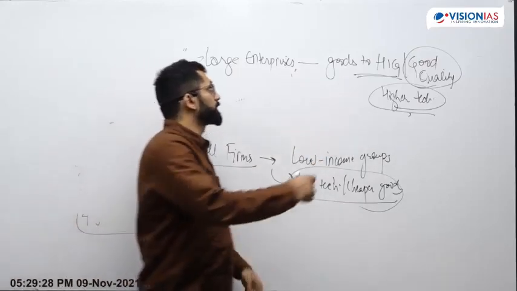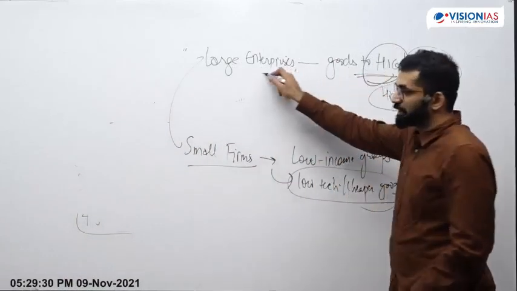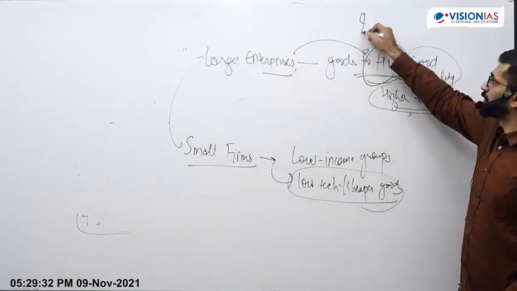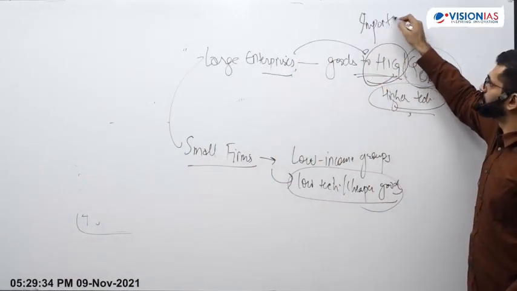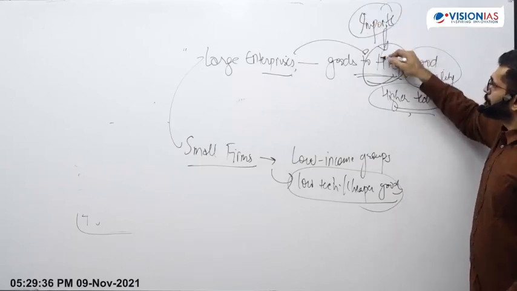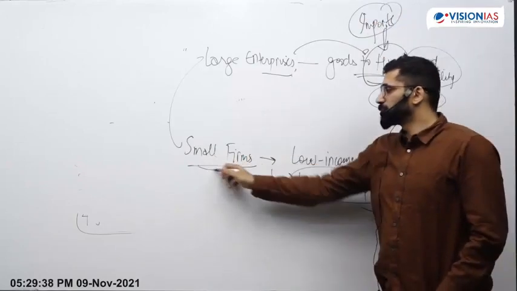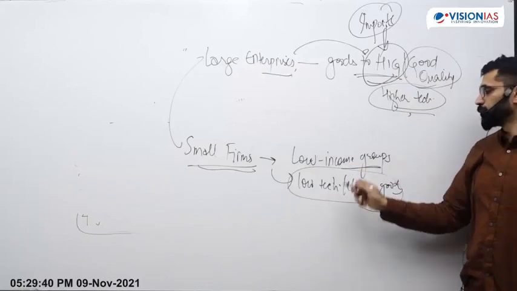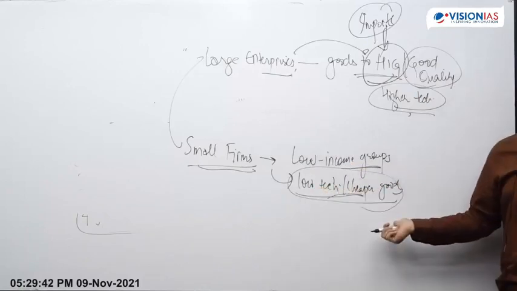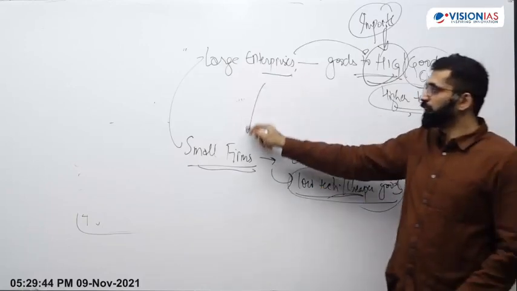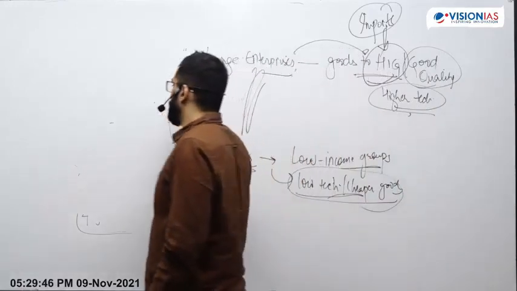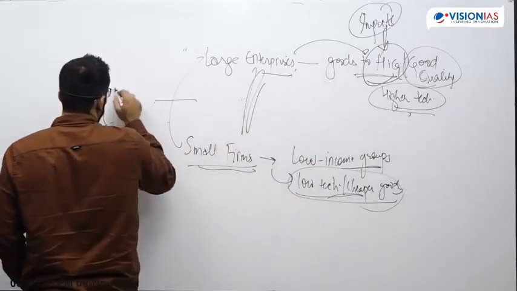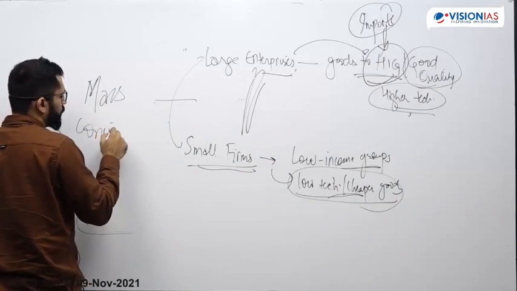Their demand is being met in two ways: either these large enterprises will fulfill this demand, or the demand will be fulfilled by imports. And these small firms will fulfill the demand of the low income groups because they are providing cheap quality goods. This missing middle or integration of the market would have ensured that you have a mass consumption consumer good market.